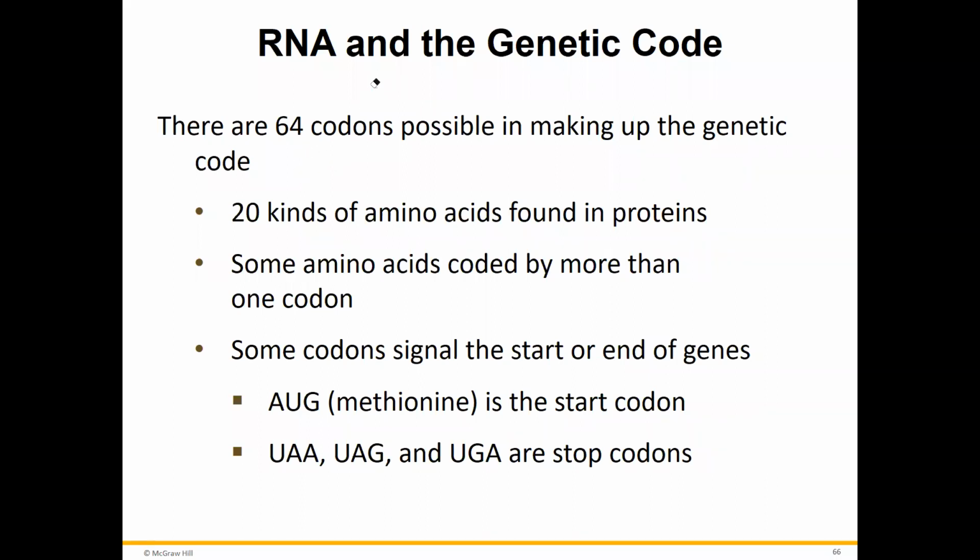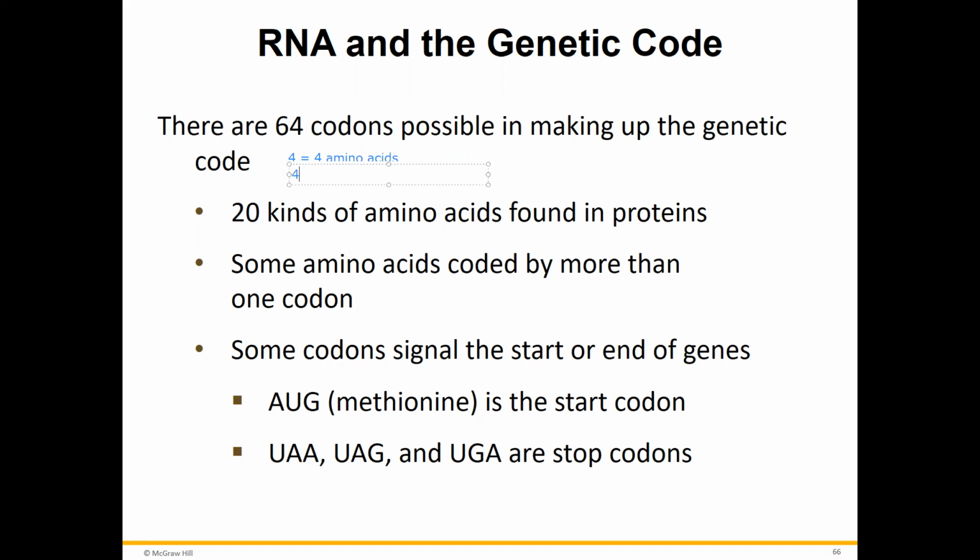Okay, so we have 4, and in mathematics, if you had 1 nucleotide, so the A, and if that A coded for 1 amino acid, we would get 4 nucleotides that would code for 4 amino acids. However, that wasn't good enough. There's 20 kinds of amino acids.